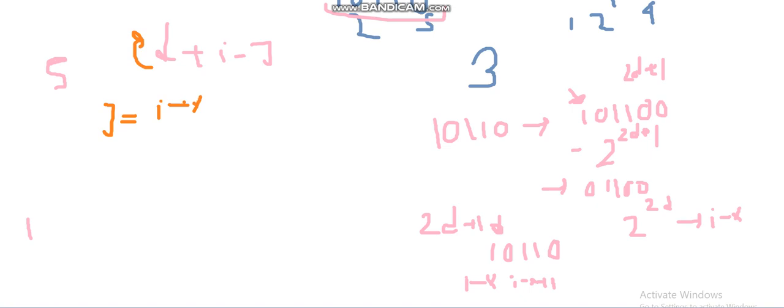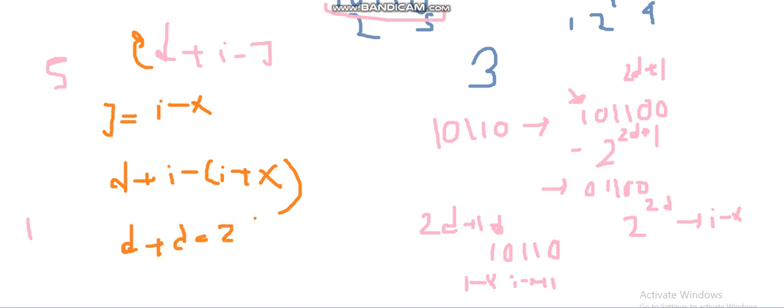The value will be d plus i minus i plus x, which equals d plus x, and since x equals d, d plus d equals 2d. So this is d, this is d, so this is 2d.